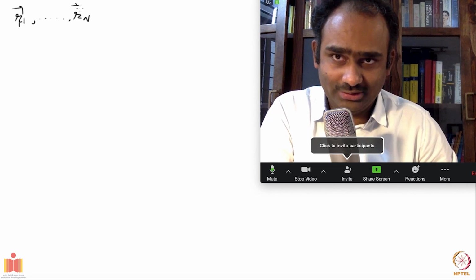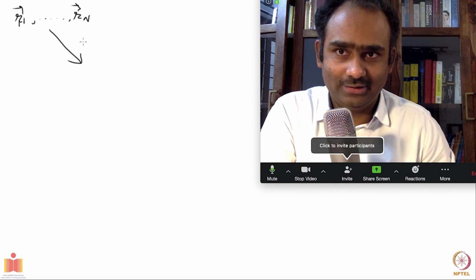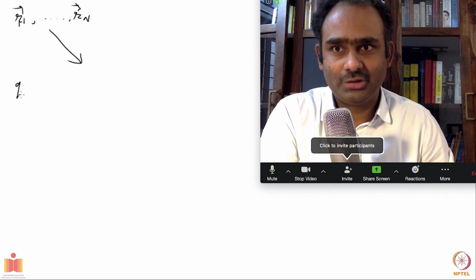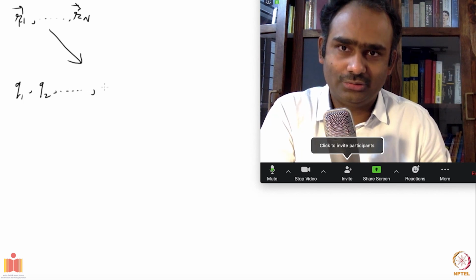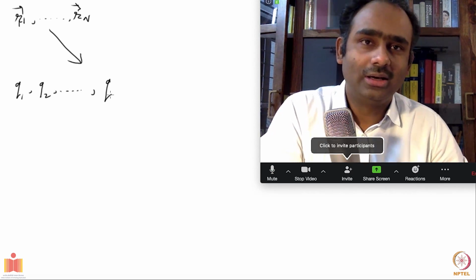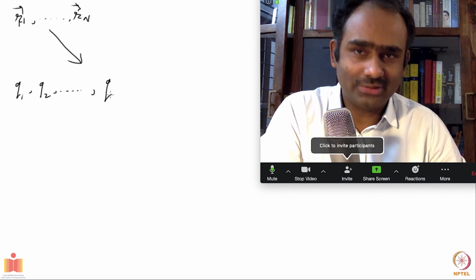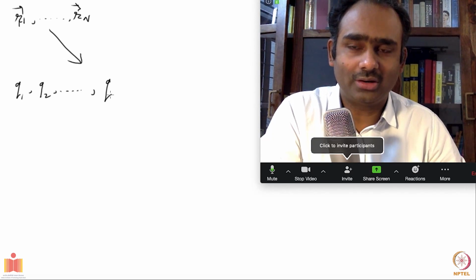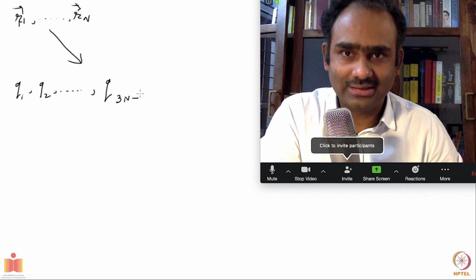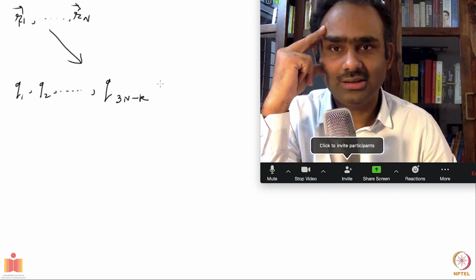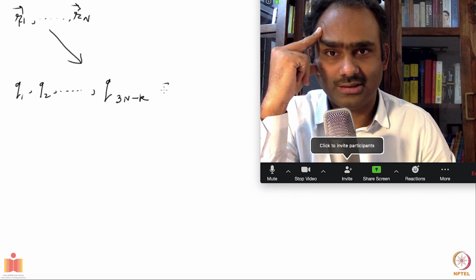I will not use them. Instead, I will use q1, q2, so forth, q. How many? I'm saying the q's are the independent coordinates. So you remember they are a total of 3n minus k independent coordinates. Okay, so let me call this set as q.